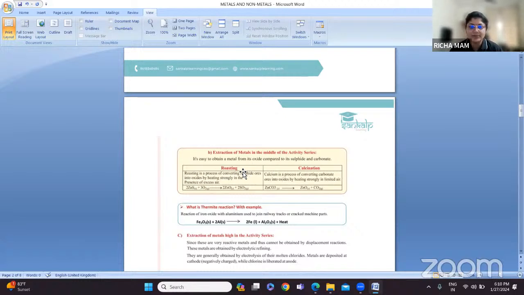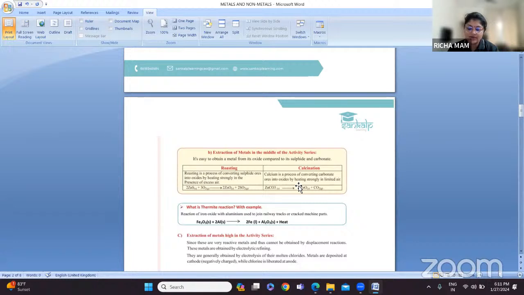There are two processes, namely roasting and calcination. In roasting, you convert the sulfide ore into oxides in the presence of excess air. In calcination, you convert the carbonate ore into oxides by heating strongly in limited air.